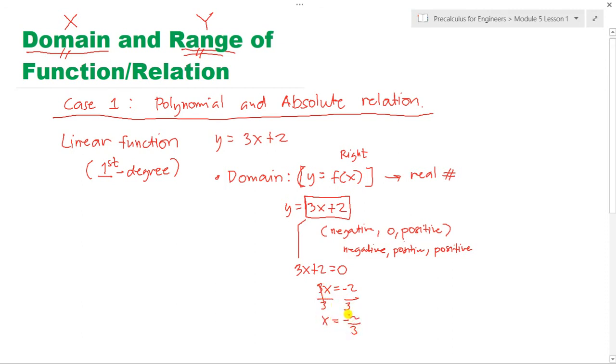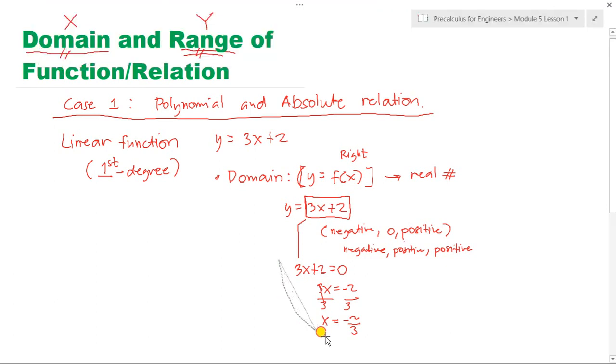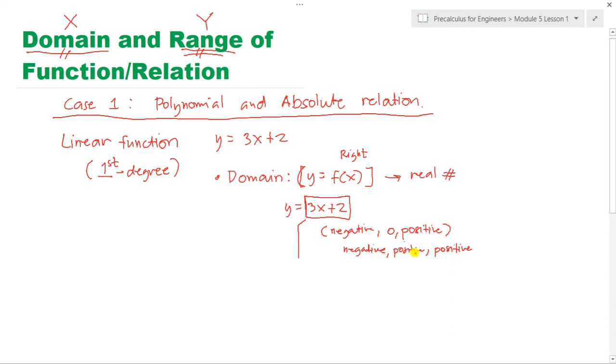So therefore, if we input a value of x of negative 2/3, meaning, ang atong right side magiging 0. So here, we now have negative, we also have positive, and then we can also arrive at the right side of 0.